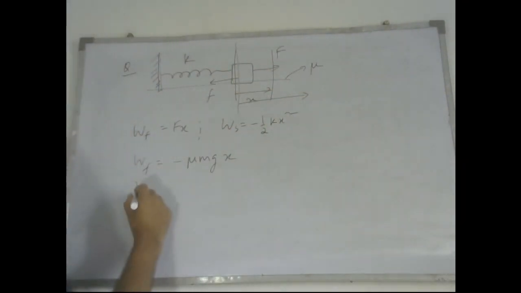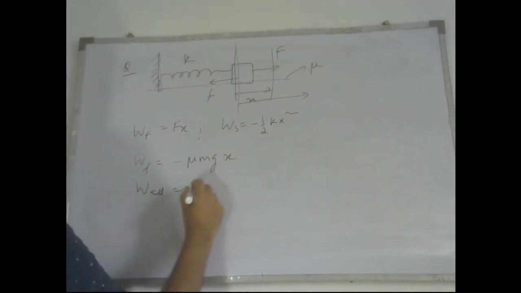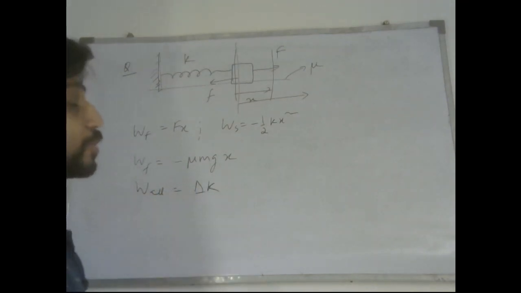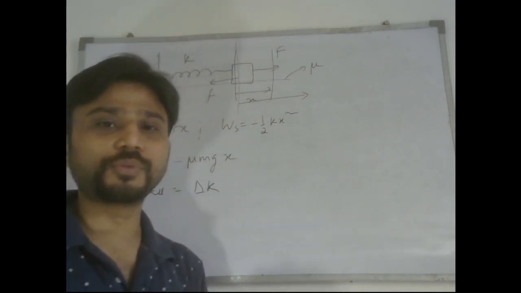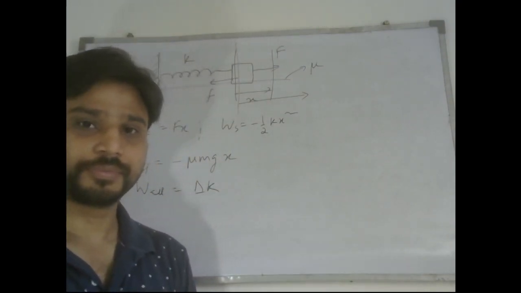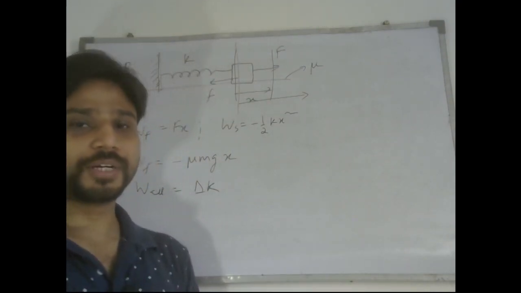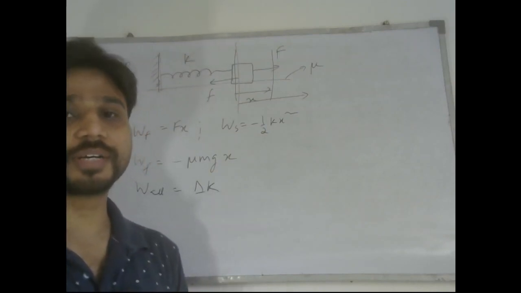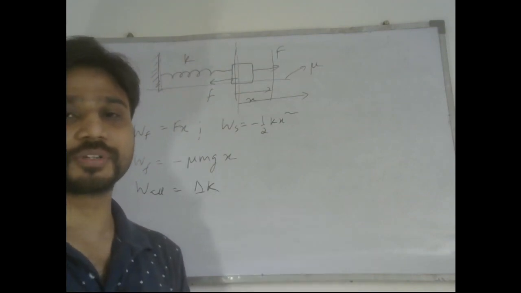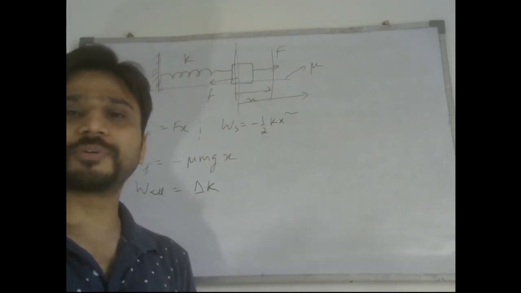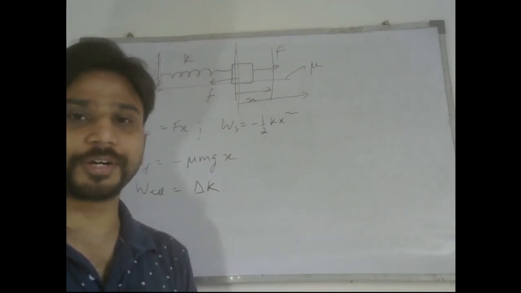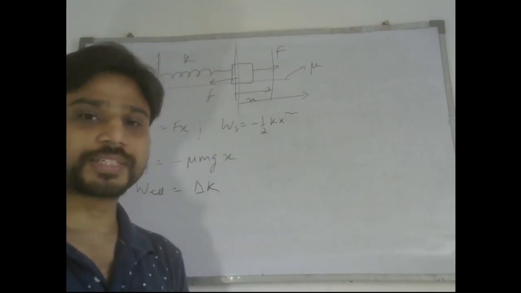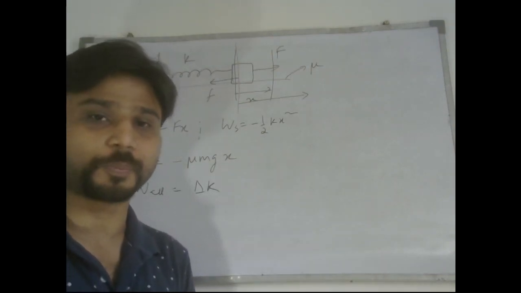We know that the work done by all forces is equal to the change in kinetic energy of the system. What would actually happen is that this block would not go in a slow manner. Why? Because the acceleration of this block is not zero at all points of its motion. Its acceleration would become zero at a single point, but at all other points it would first accelerate and then decelerate to stop.